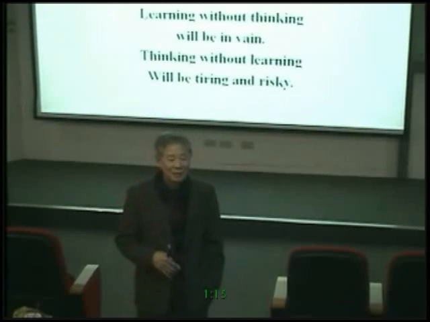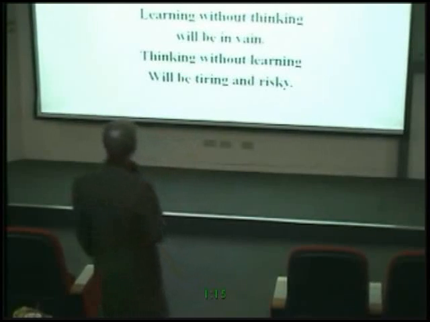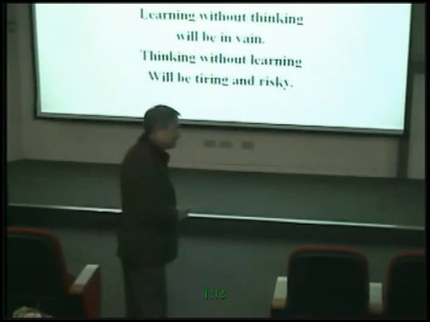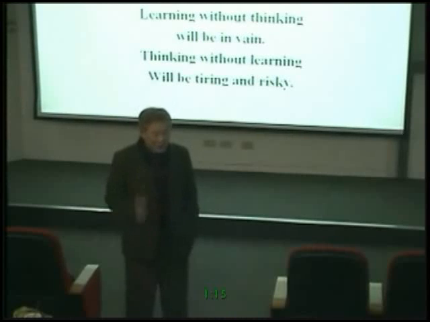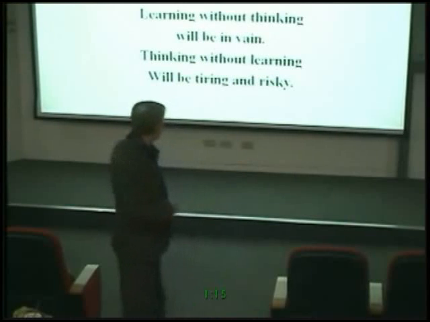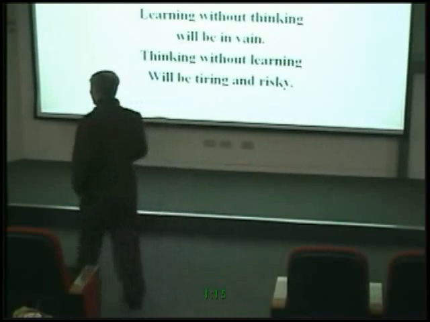So those are the things. And when you learn, you have to think. And when you think, don't think that you can solve all the problems. When you think, you have to learn from other people. So these are 2 steps.